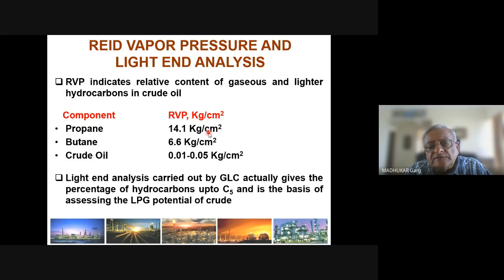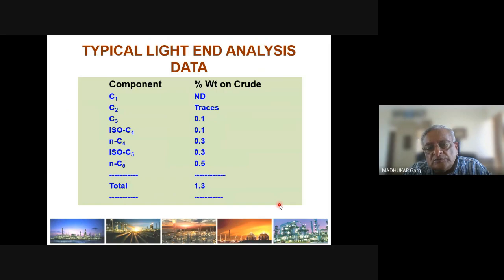So the first step that we do in terms of analysis of crude oil is to vaporize this light material out of the crude oil, and then we analyze it by GC. So a light end analysis carried out by GC gives percentage right up to C5.